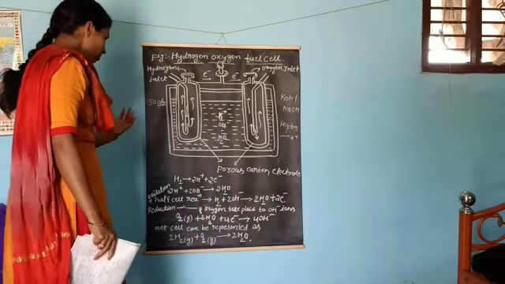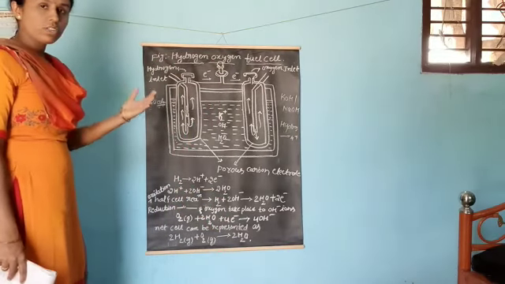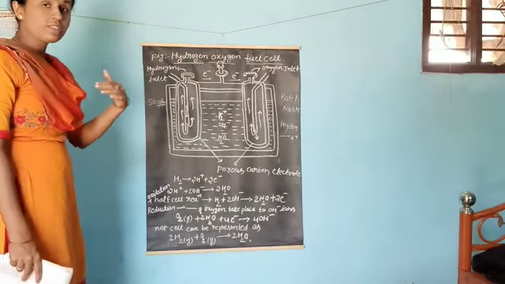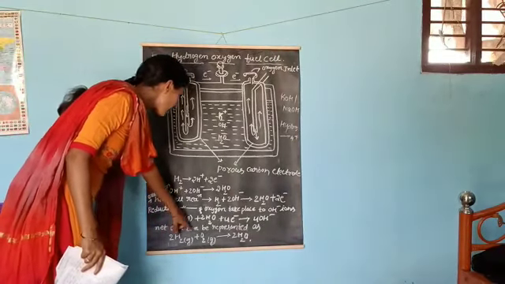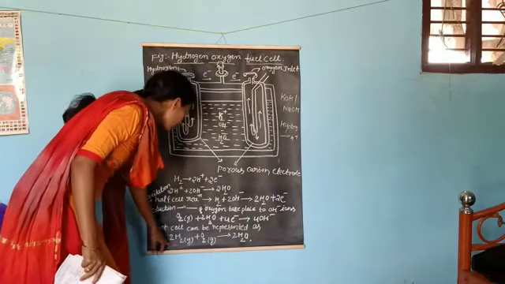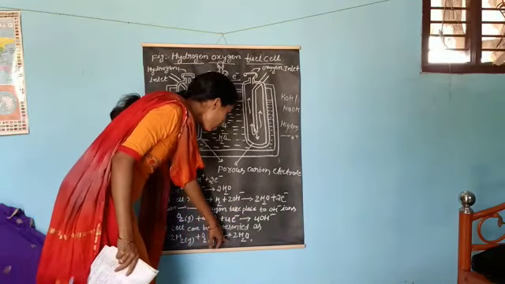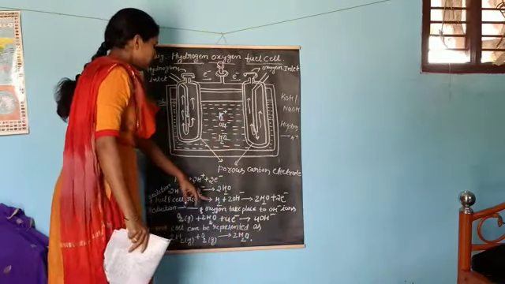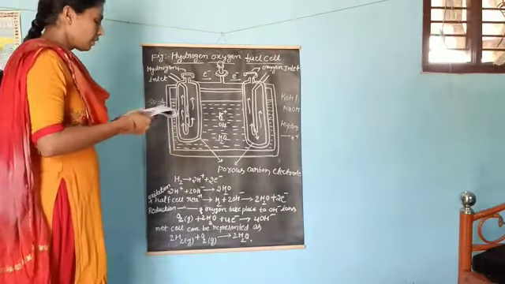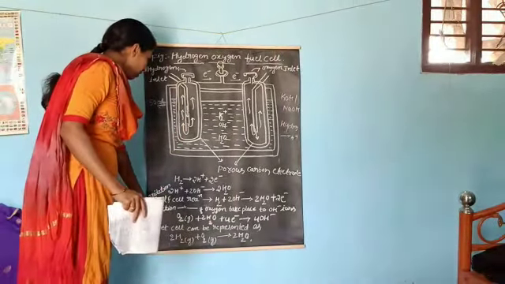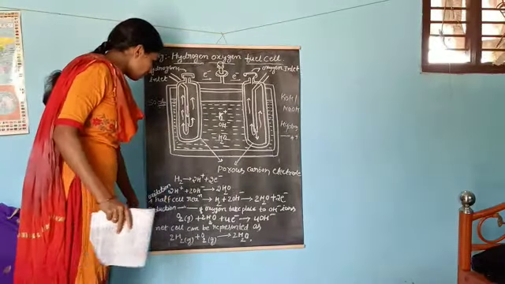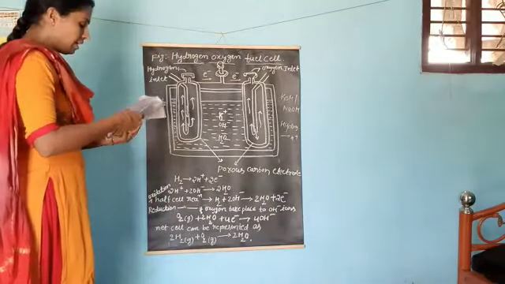The net cell reaction can be represented as 2H2 gas plus O2 gives 2H2O.